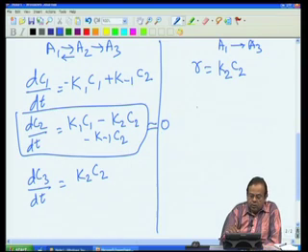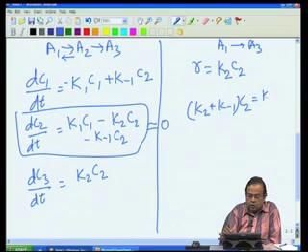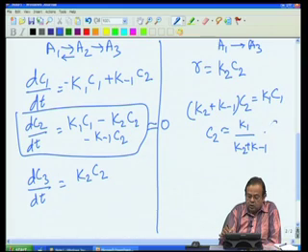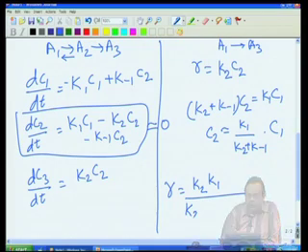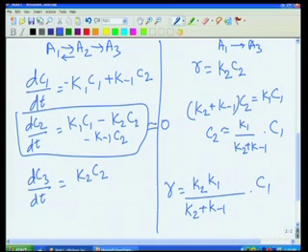Then I have K2 plus K minus 1 into C2 equal to K1 C1, or C2 is almost equal to K1 by K2 plus K minus 1 into C1, and my rate of formation of A3 is K2 into C2. So, that is K2 into K1 divided by K2 plus K minus 1 into C1.